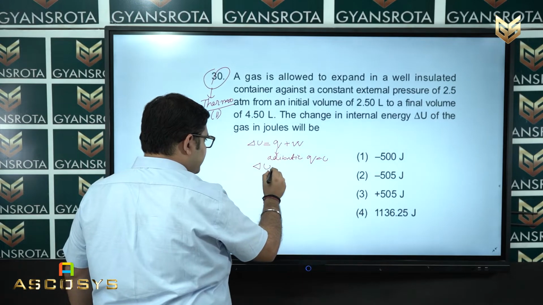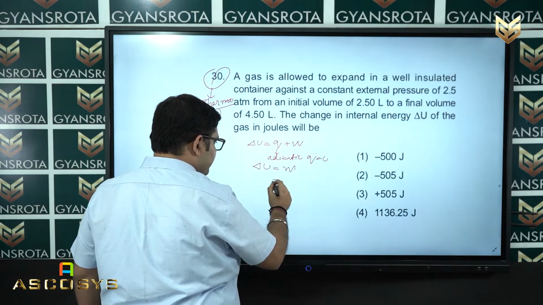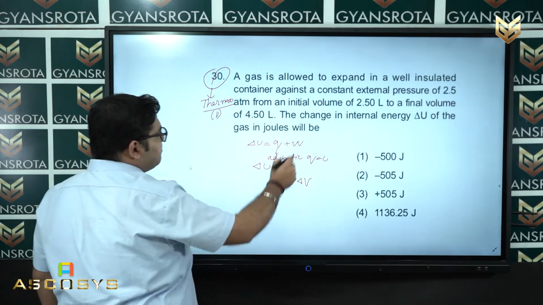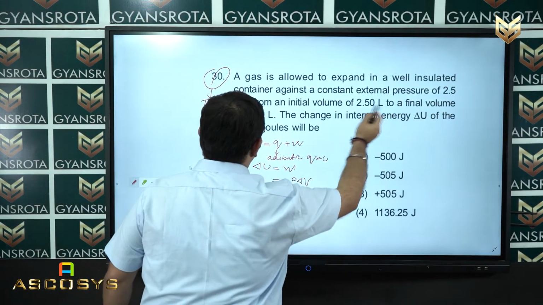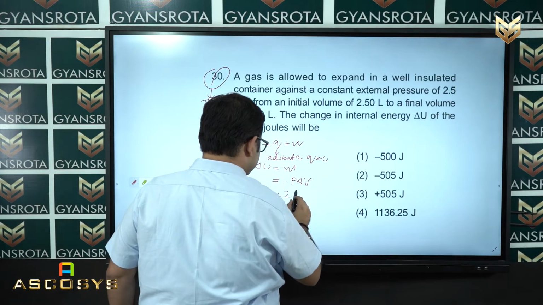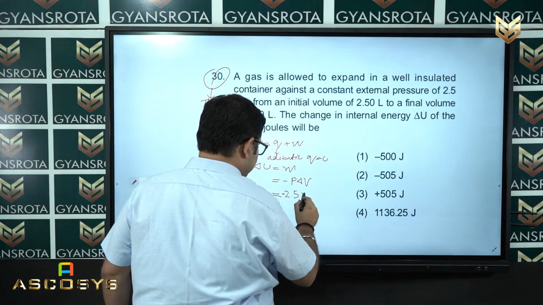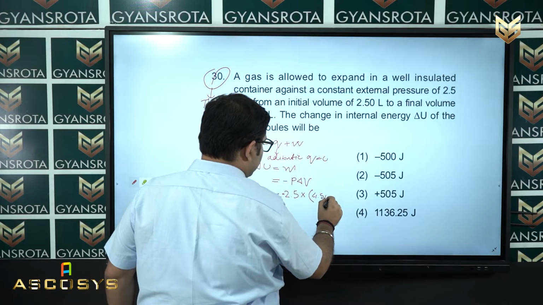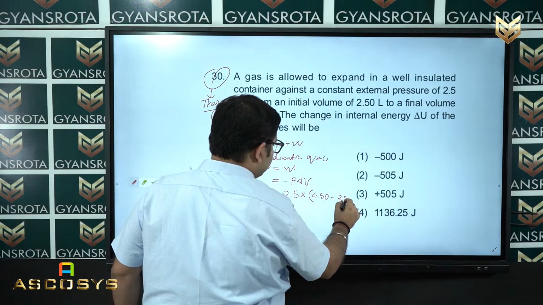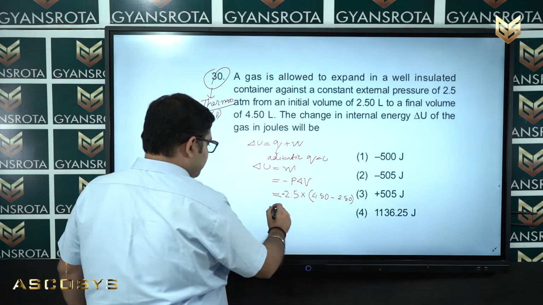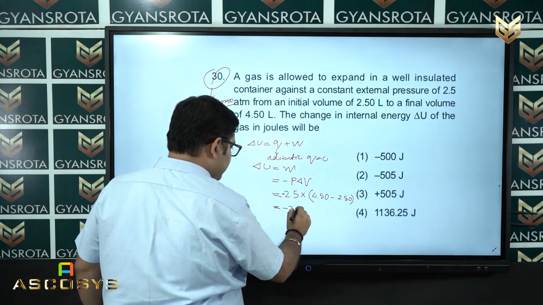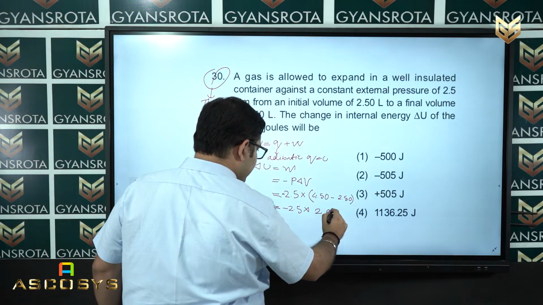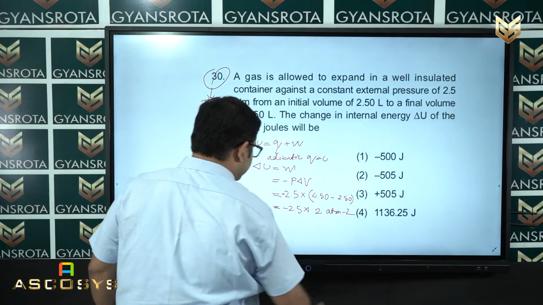So, delta U is equal to W, and W is nothing but minus P delta V. If you put the P value, whatever P they have given, 2.5, minus delta V is 4.50 minus 2.50. So, minus 2.5 into 2 atm per liter.